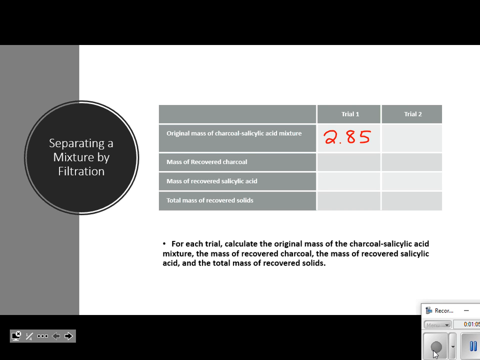Now, the problem I had with that group's data was that, didn't you go back and get around 0.6 grams of the mixture? So that data to me cannot be correct because you didn't have that much of it.